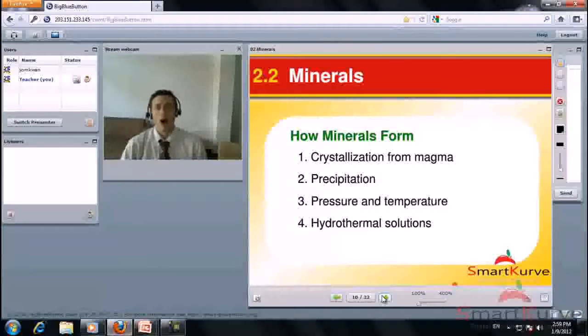That liquid rock is called magma. This is what we see coming out of volcanoes when they erupt. Minerals form from the crystallization of this magma.